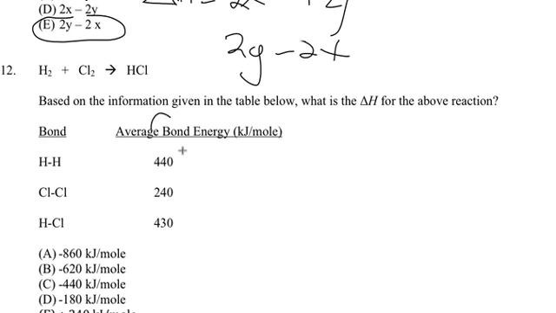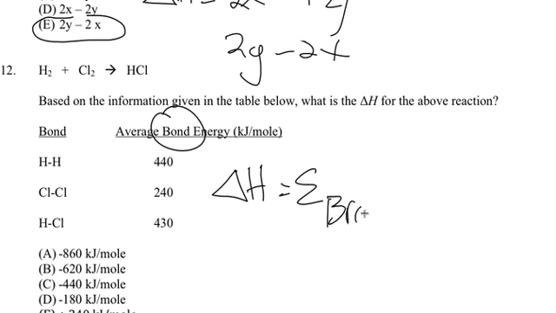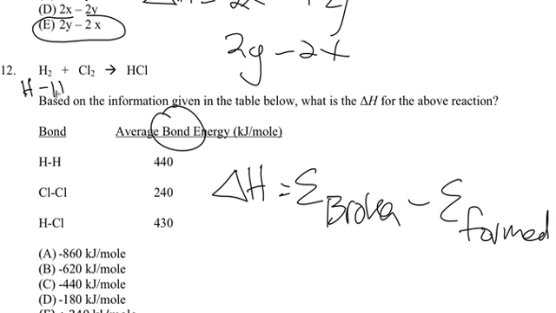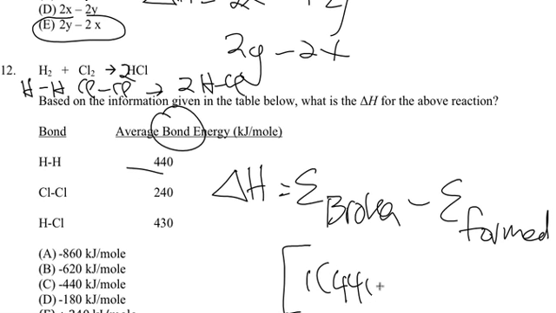For 12, there's my bond. So delta H equals sum of broken minus sum of formed. I'm going to draw my Lewis structures here. Should pop out that that's not balanced. So broken is the H2. So one of those H2s is broken at 440.